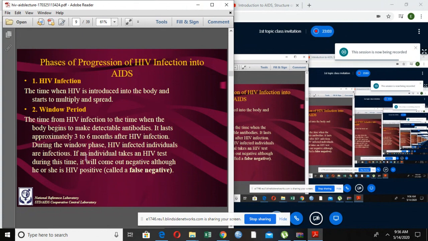They will transmit HIV and AIDS to you, but even if you test them, they will just test HIV negative because they are not yet producing the antibodies. If an individual takes an HIV test during this time, it will come out negative, though he or she is positive. This is called a false negative.